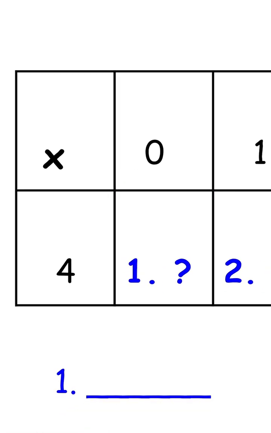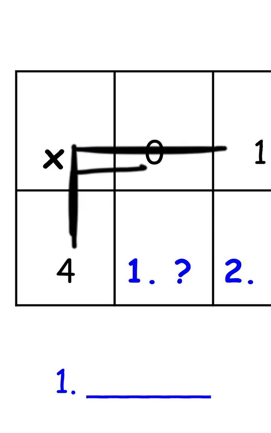So basically we need to cross multiply, and it's 4 times 0, 4 times 1, and so on. Firstly, we need to multiply 4 and 0. So it's going to be 0, because it means that there are 0 4s.